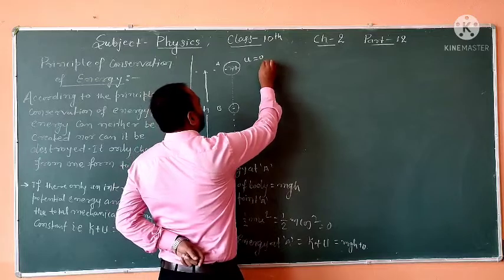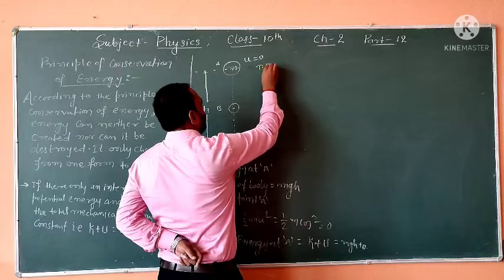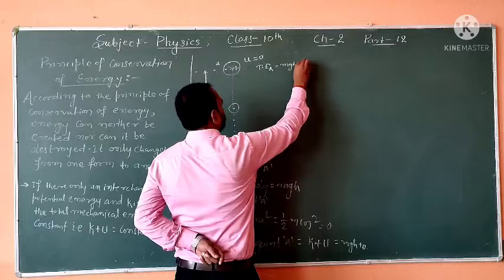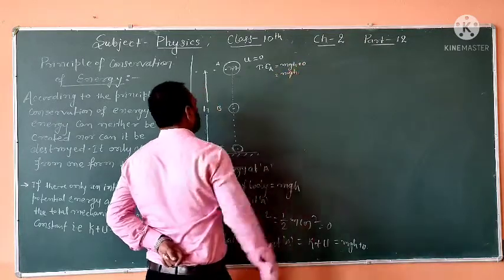Let's say I am writing here, total energy at A will be mgh plus 0, that is mgh.